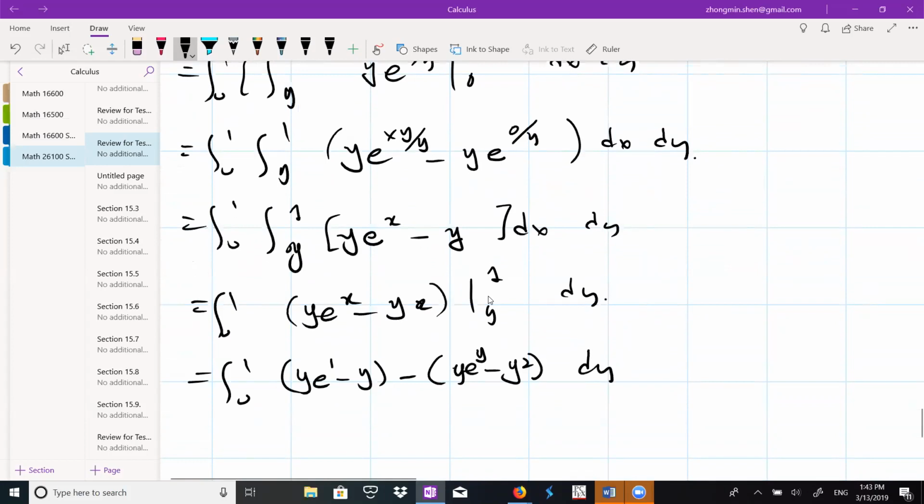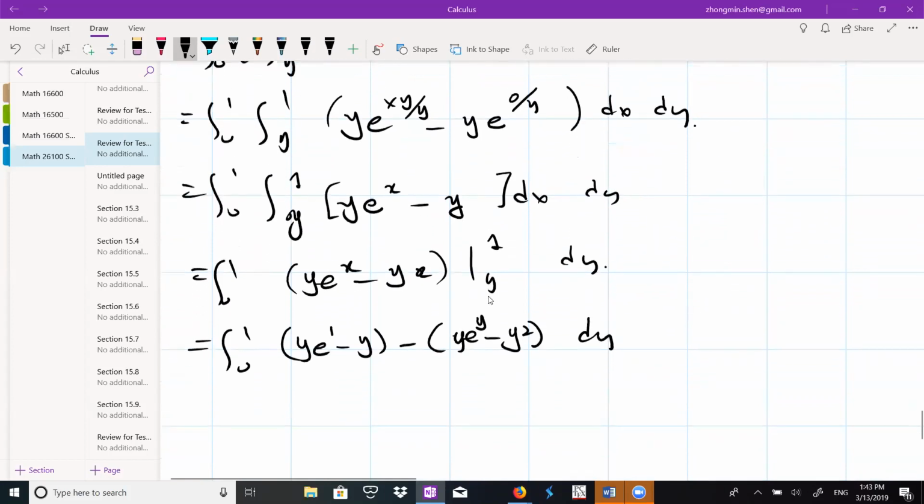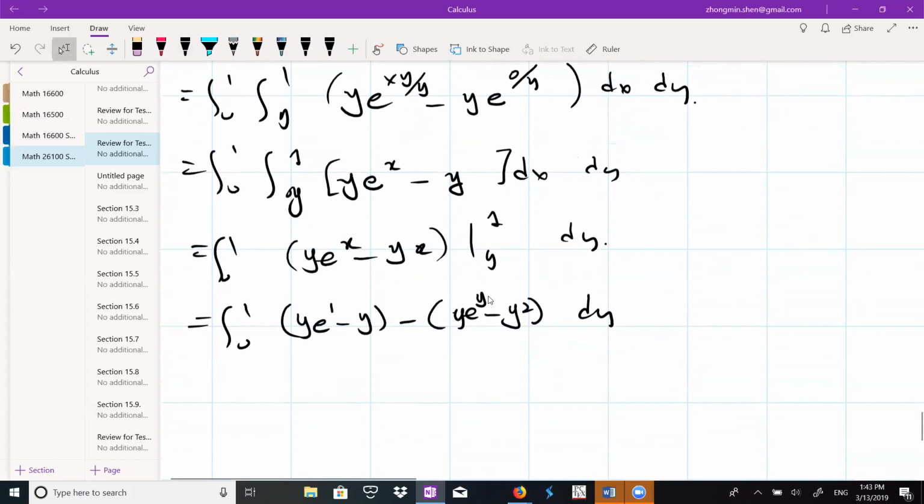Okay. So now you have to evaluate this integral. The only difficult part is the antiderivative of y times e to the y. Let's do the quick computation.